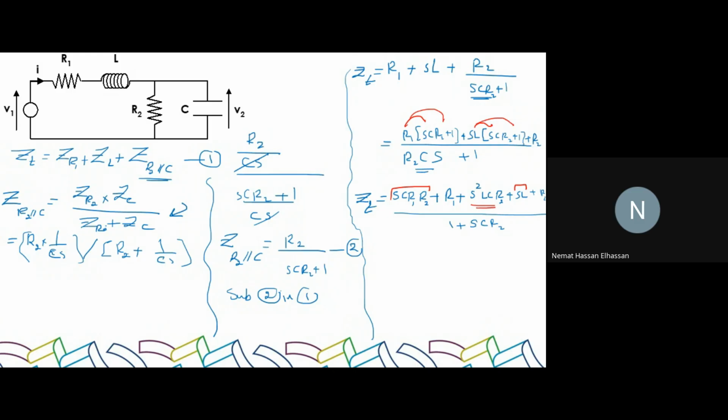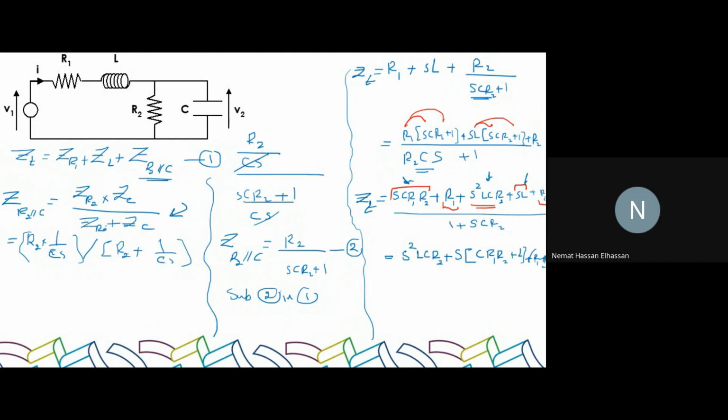So I'm just going to rewrite it as a quadratic expression, starting with the highest power of S. So I'll start with S squared LCR2, plus S as a common factor from these two, and then what do I have left? I have CR1R2 plus L. Finally, I have the constants, which are R1 plus R2.